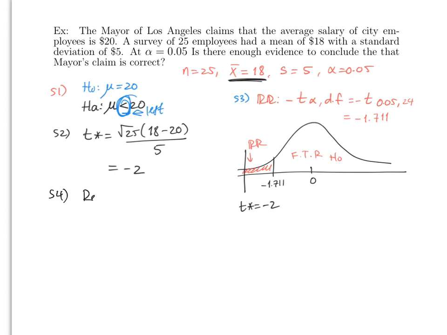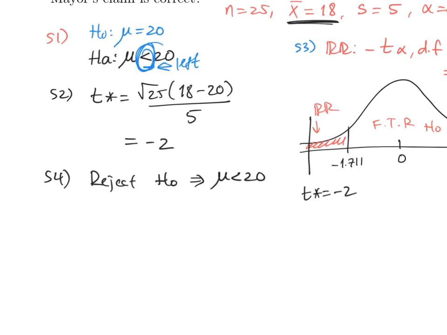So therefore, what should be the conclusion again? So the conclusion is reject H0, which means that mu is less than 20. By the way, it doesn't mean that the questions are always rejected, okay? It just happens that examples with this so far are rejected. Now, what is the explanation here?